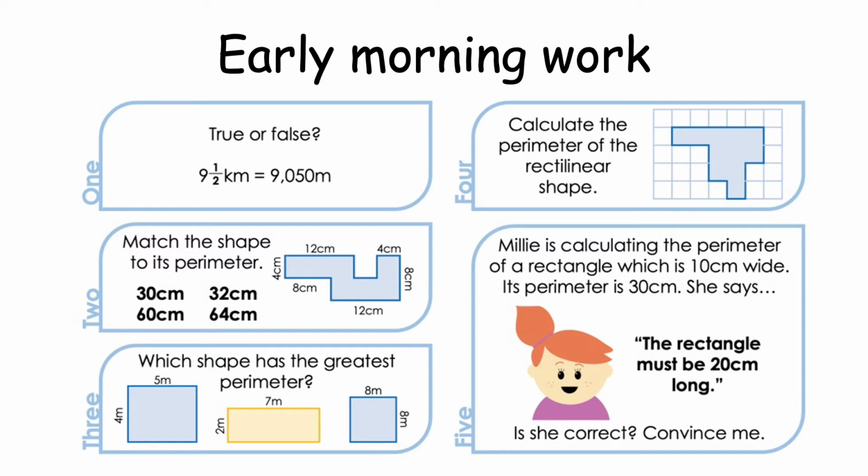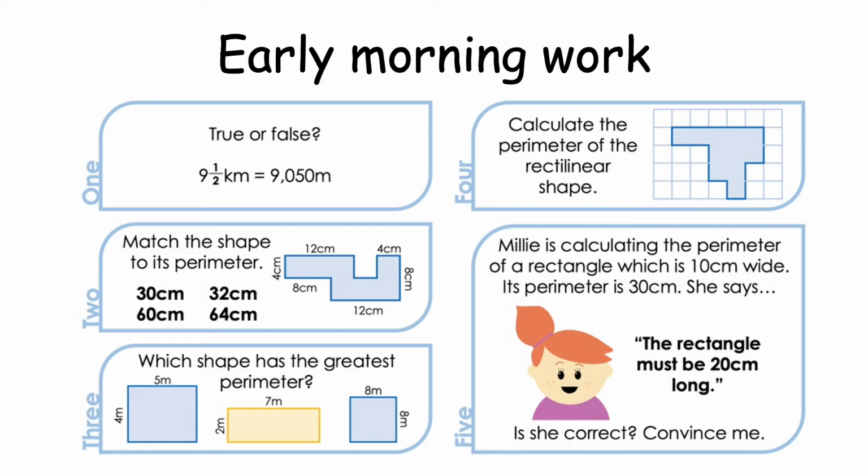Number two, it's saying match the shape to its perimeter. Okay, so you have got some missing sides there. So what I would do is look at the bottom and you have 8 and 12 centimeters, and then look at the top, you've got 12 and 4. They should measure the same length, so that tells you the missing horizontal measurement.